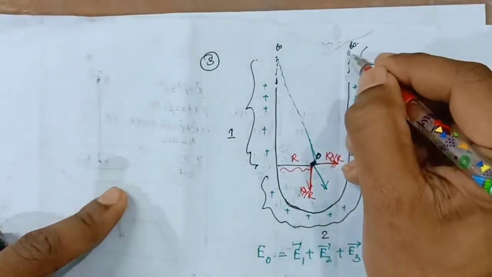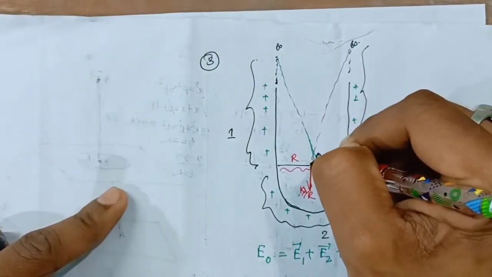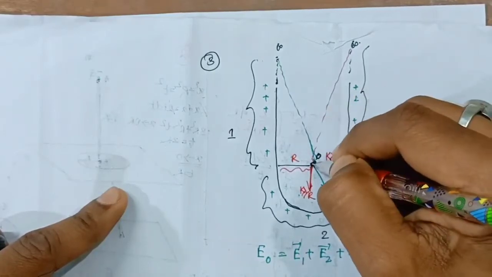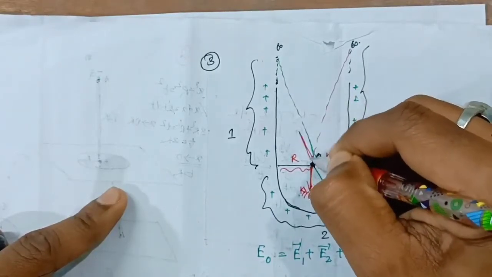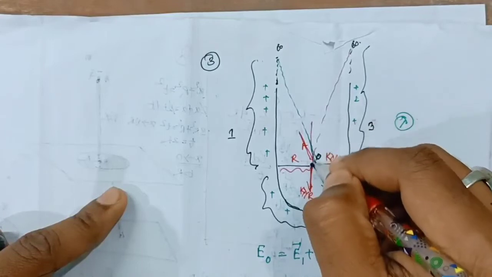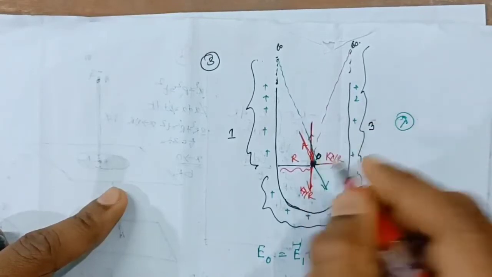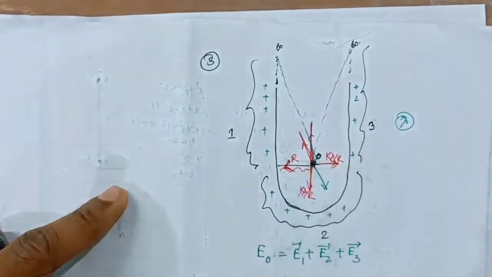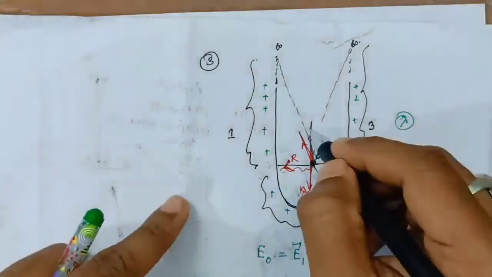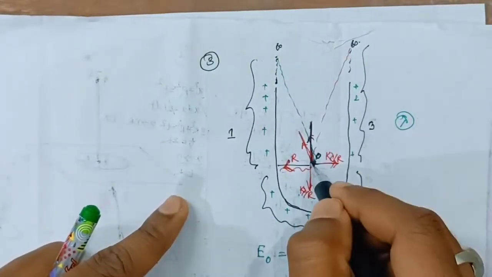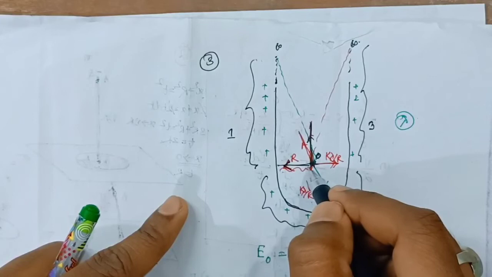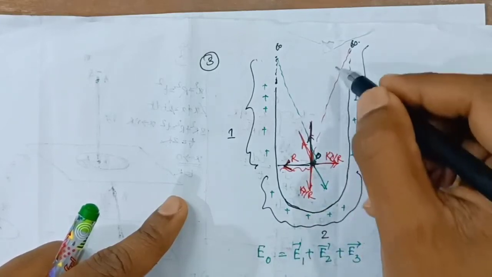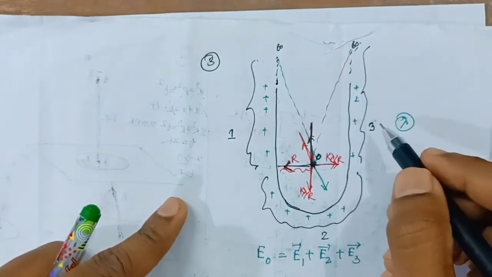In a similar fashion, if I proceed like this, the electric field has two components, one like this and another like this. No, this is a little wrong. I have to think a little more carefully.